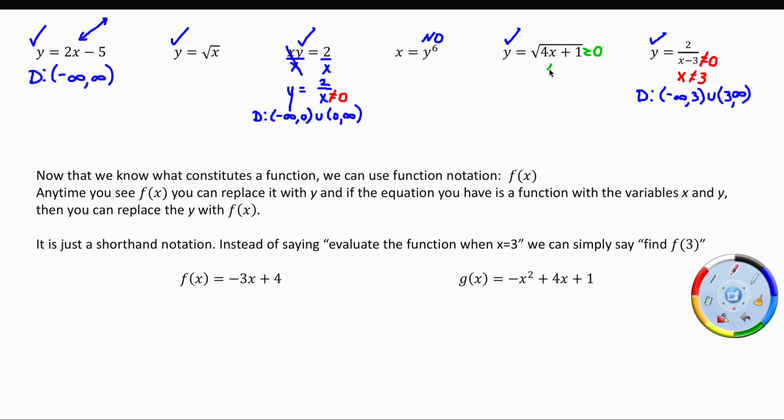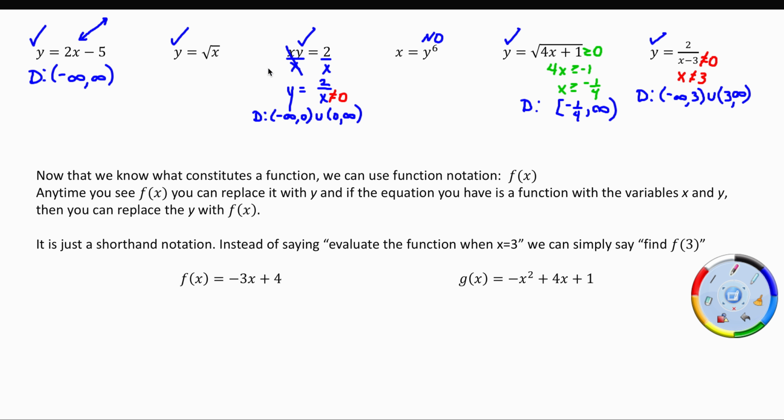So I can solve this little inequality for x, and it's telling me my domain. The domain is x is greater than or equal to negative 1/4. I'm going to use a bracket because it can be 0. I can take the square root of 0. That's 0. But I can't take the square root of a negative number.